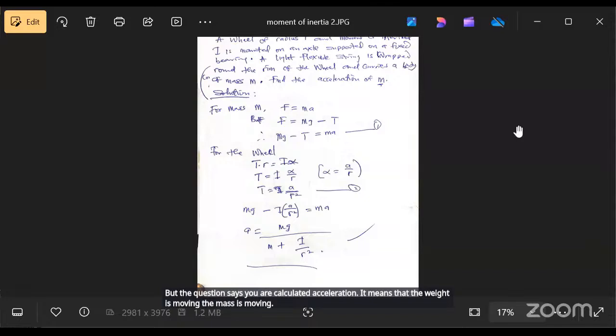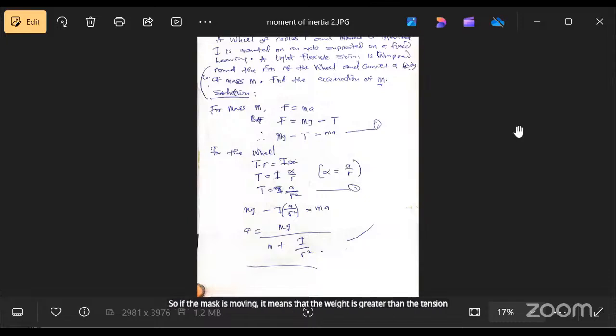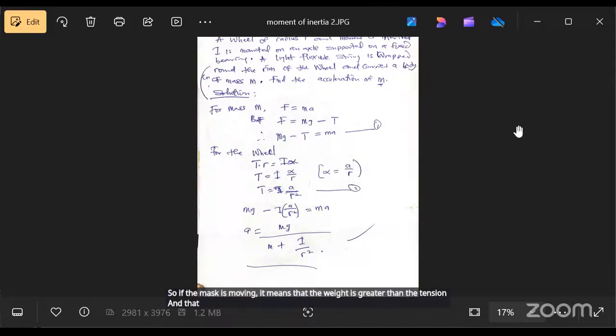So the weight is greater than the tension, and that is what led us to the effective force. The effective force will be the weight minus the tension.